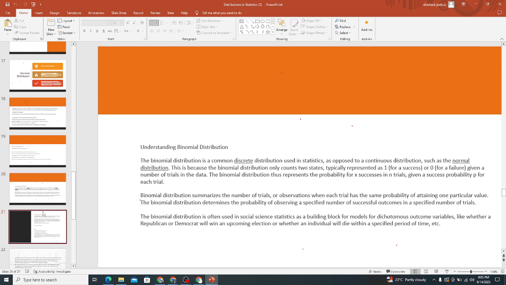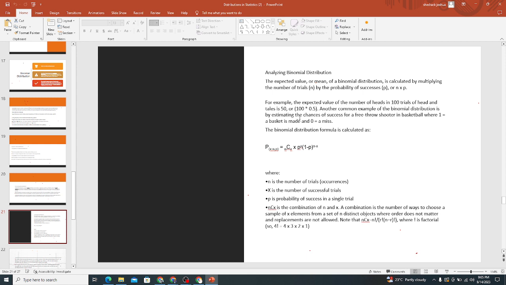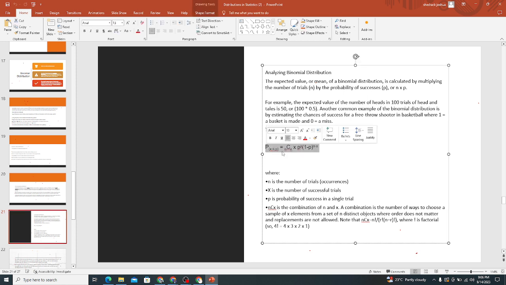So let's continue now with the analysis of the binomial distribution. This is the function for the binomial distribution.